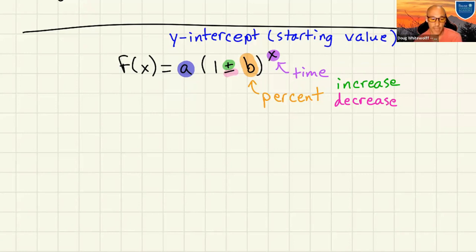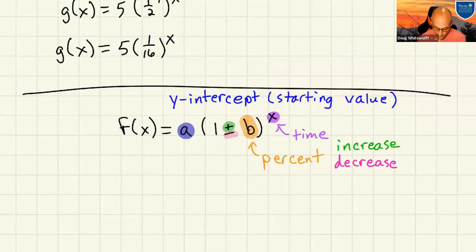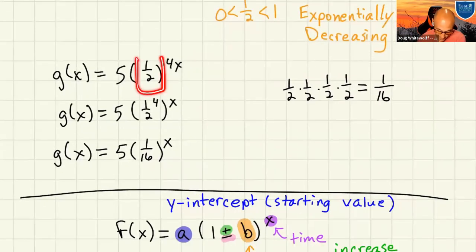understanding these application problems. Now, notice that we're not writing them in fractions like we were before. The base was a fraction up here. When that fraction's between 0 and 1, you're going to have a decreasing function.